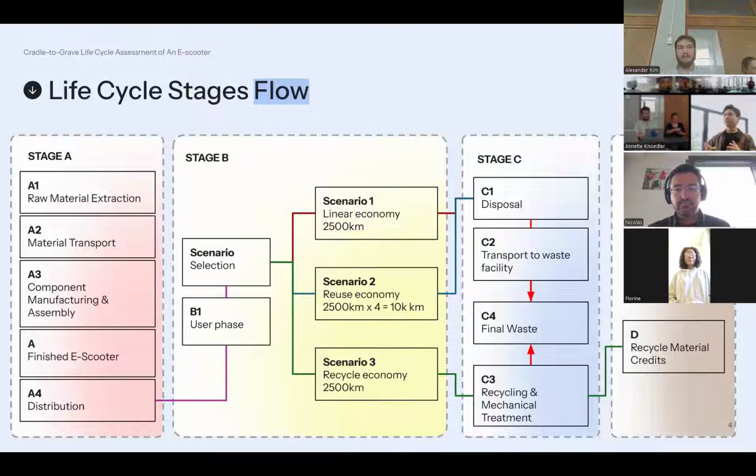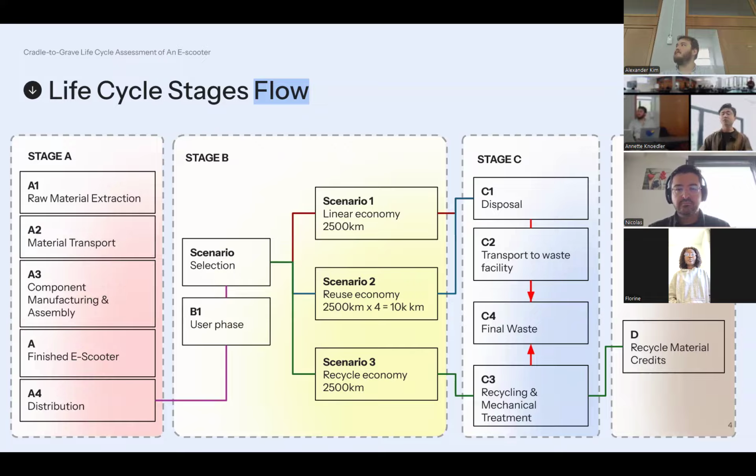In our case study, we decided to go for 3 different types of scenarios. Scenario 1 is a linear economy, meaning that from the usage up until the end of life is just a single use, so no change of tires, batteries, or maintenance.